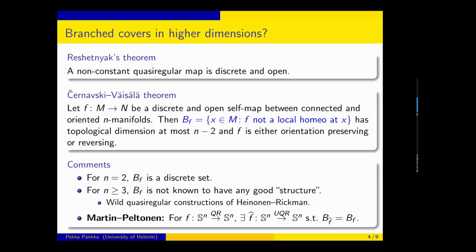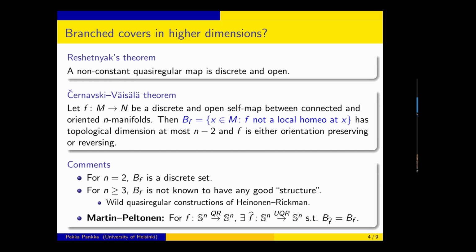These are 3-dimensional examples, where the branch set consists of an infinite 1-dimensional complex which converges to a wild Cantor set. So you cannot hope for any easy description of these branch sets. In most cases you can only consider them as topological objects.